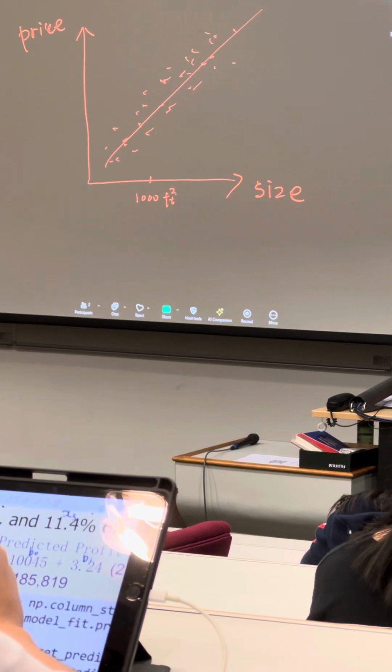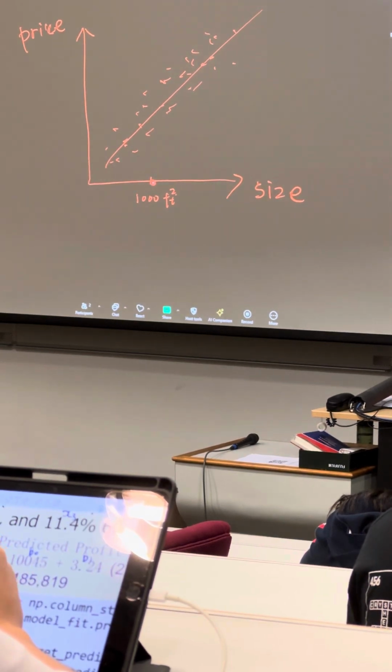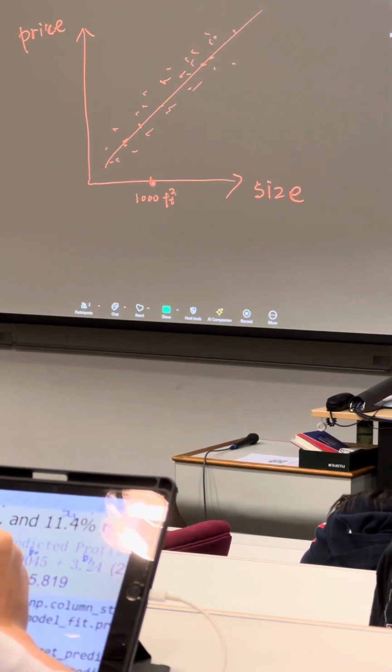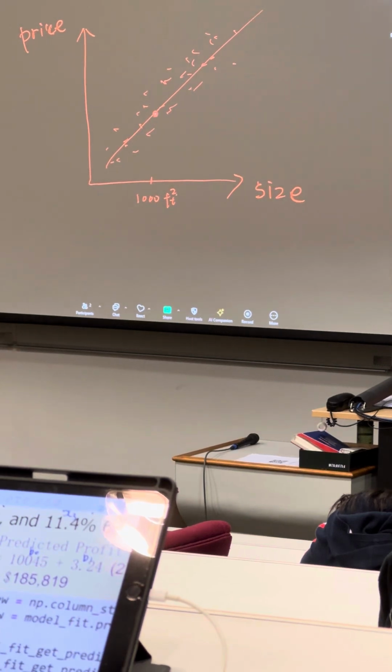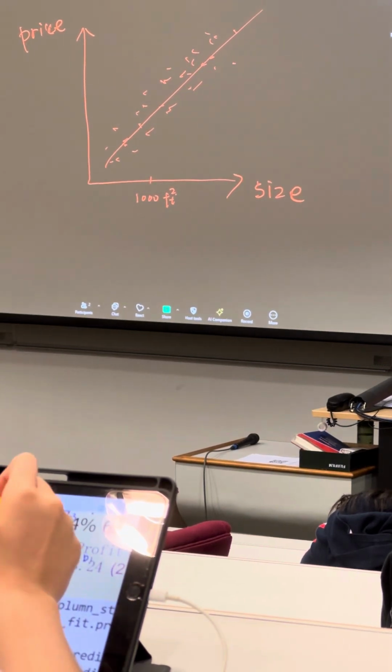Now you know that all those houses with a size of 1,000 square feet will have different house prices, because the location of the house and the facing of the house also affect the house price, and also whether the house is haunted by ghosts, who knows.